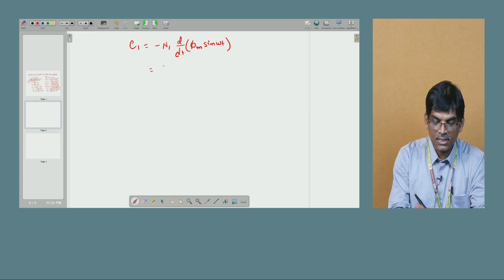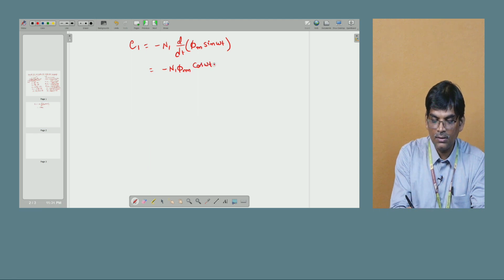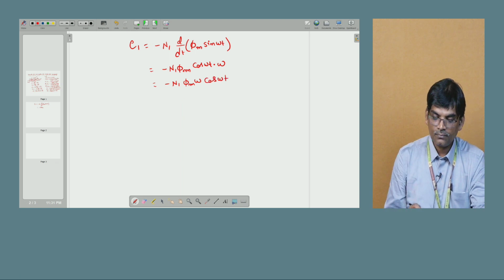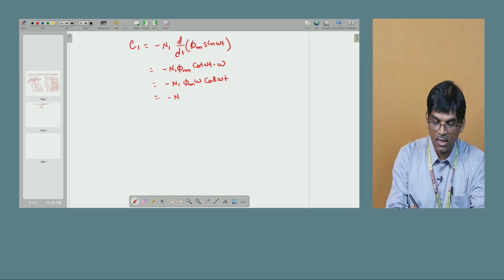So we differentiate: minus N1 φm, and the derivative of sin ωt is cos ωt into ω. So the overall answer is minus N1 φm ω cos ωt. Omega is the angular frequency, which is nothing but 2πf. Here we can substitute that value: minus N1 φm 2πf cos ωt.